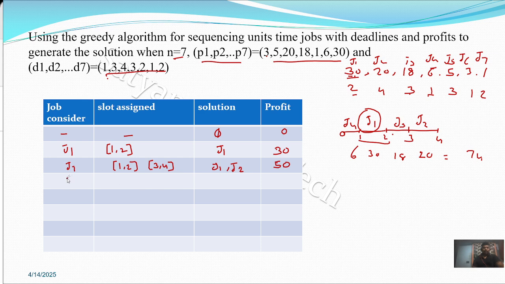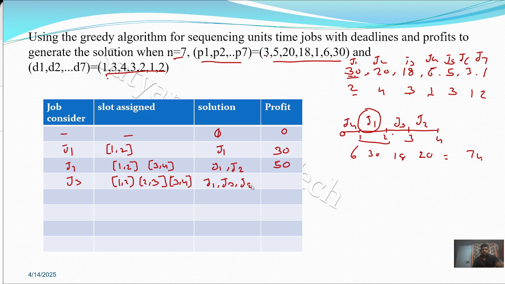And for example, here it is J3. So J3 can take the 2 to 3 slot. Here the 2 to 3 slot is assigned to J3, J1 has slot 1 to 2, and here it is 3 to 4. So J1 is completed, J3 is completed, then J2 is completed.